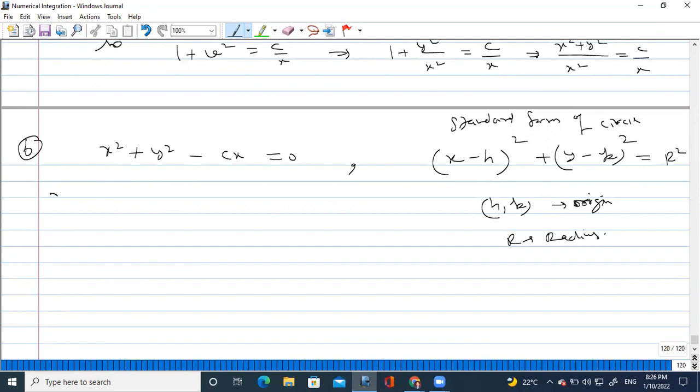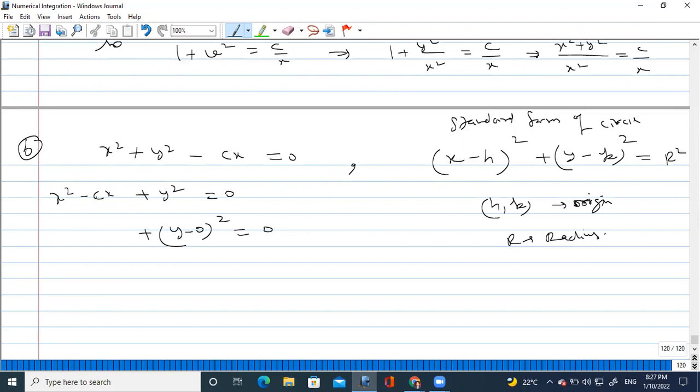So now what you can do, x square minus cx plus y square is equal to 0. So simply with y I cannot do anything. I can make it y minus 0 whole square. But with x I can do something.